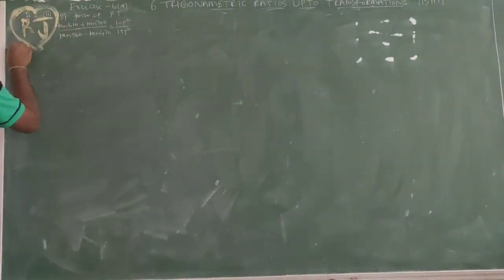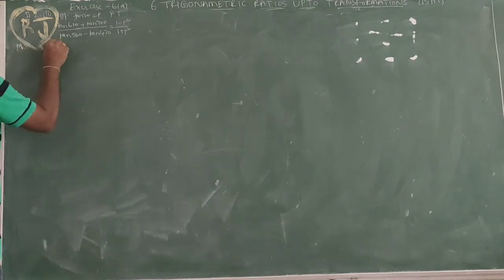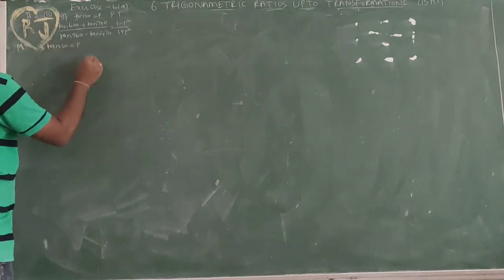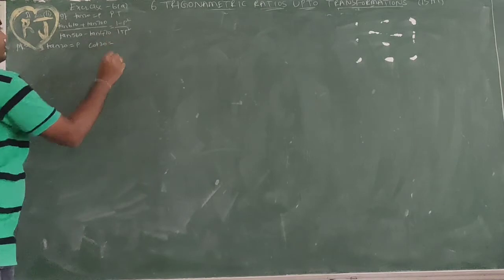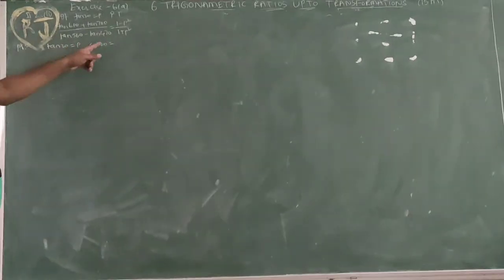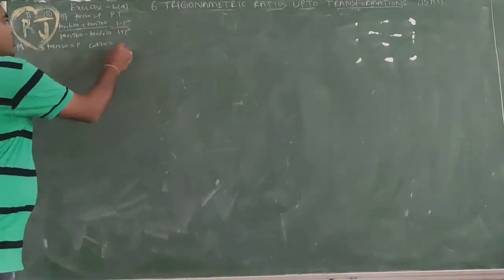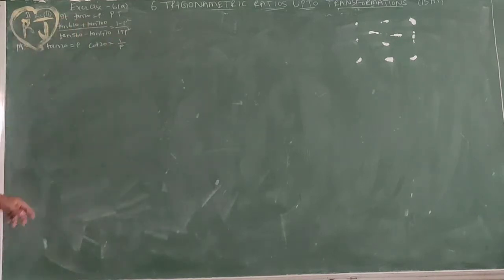So solution or proof. Tan 20 equals p, and cot 20 is the reciprocal of tan 20, which is equal to 1 by p. So I want to simplify each and everything individually.